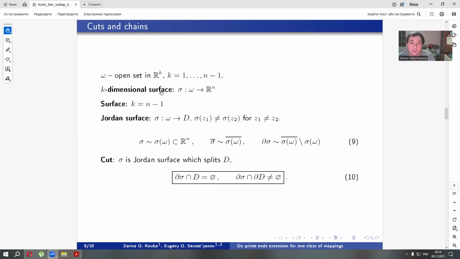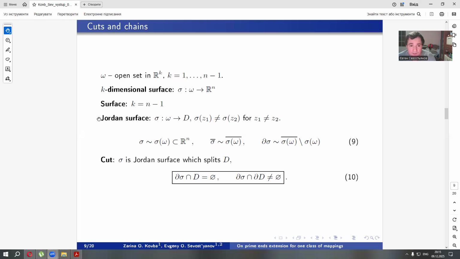A k-dimensional surface is a continuous mapping of this type. In particular, if k equals n-1, we say surface without the prefix k-dimensional.